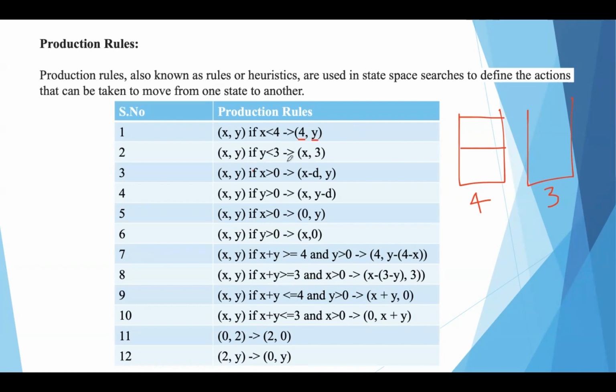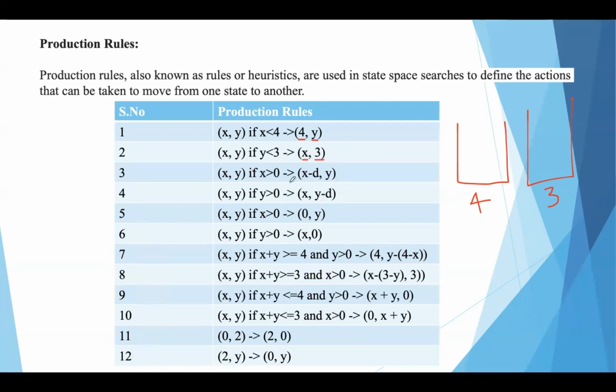Second, if y is less than 3, that means if it has only 1 liter of water, 1 is less than 3, then you can fill the remaining 2 liters of water. You need to fill the water into the 3-liter jug until it reaches its maximum capacity, and there is no constraint on x.